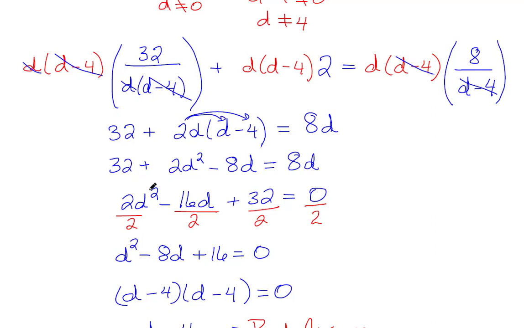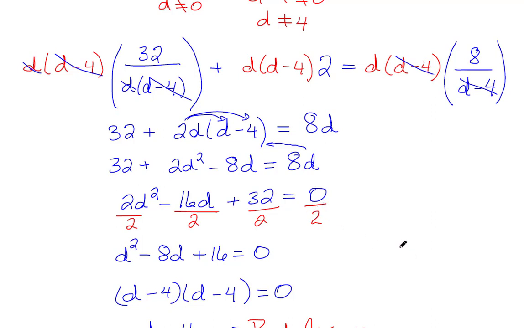All right, so let's see. Is anything combined? Well, the order is a little strange, so 2d squared, that's in the front. I've got a minus 8d. I'm going to bring the other one from the right to the left. Minus 8, minus 16, and this 32.